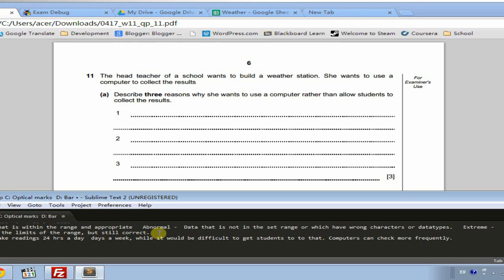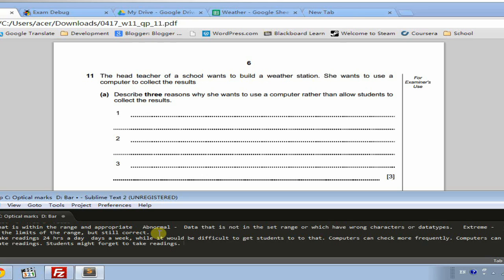What else would be a problem, or what else would be a good advantage of that? A human looking at a thermometer is not very precise. So a computer with a sensor is much more precise. So we could say that computers can take more accurate readings. Other similar things, humans or students even might forget to take the reading.